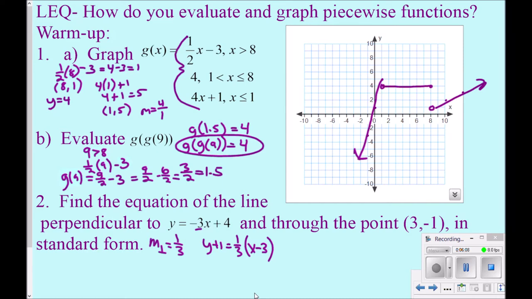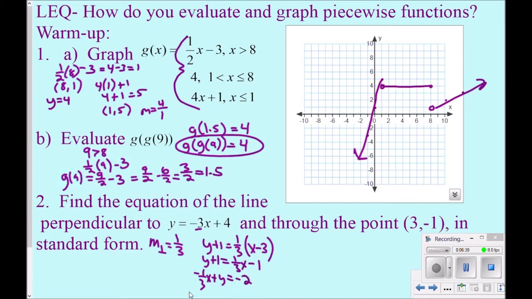Now I'm supposed to get that into standard, so I'm going to distribute the 1/3. y plus 1 equals 1/3 x minus, I'm doing 1/3 times negative 3, which is 1. And then I need to get that into standard form. So I'm going to subtract 1/3 x from both sides, and I'm going to subtract 1 from each side. So negative 1/3 x plus y equals, I'm subtracting 1 from negative 1, so that's negative 2.